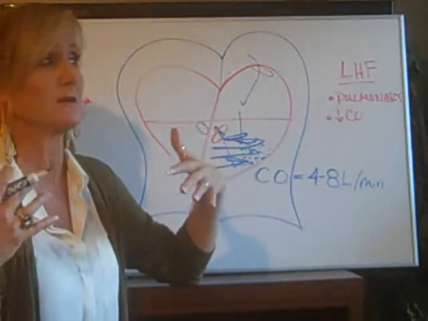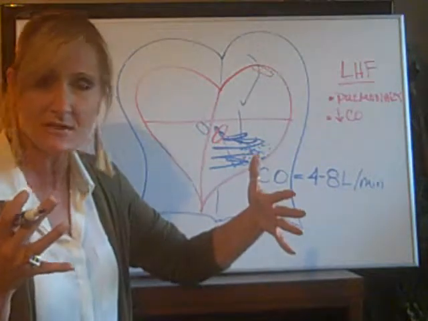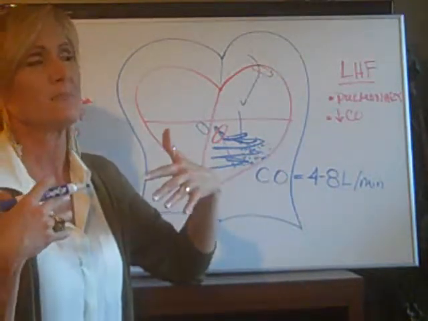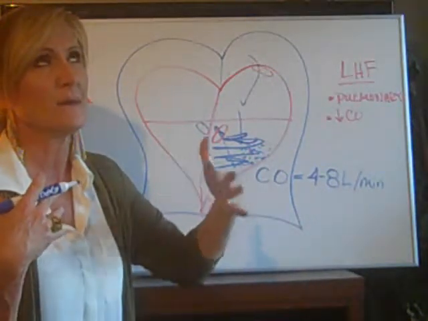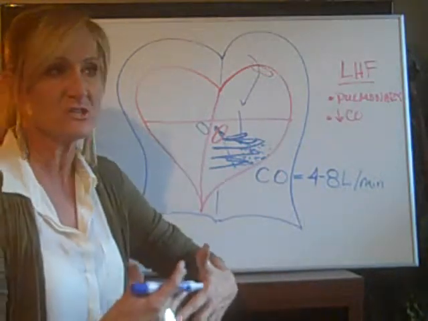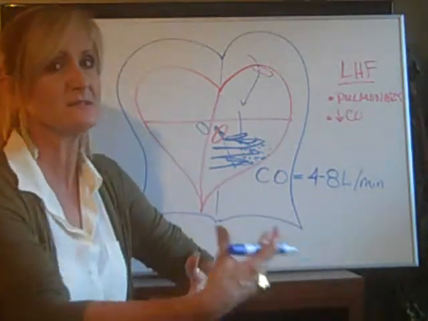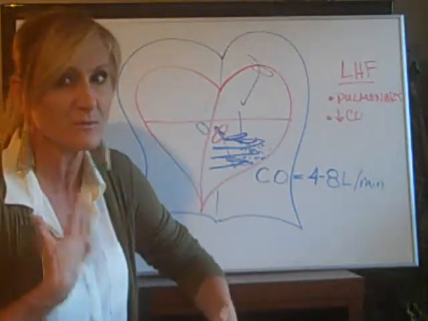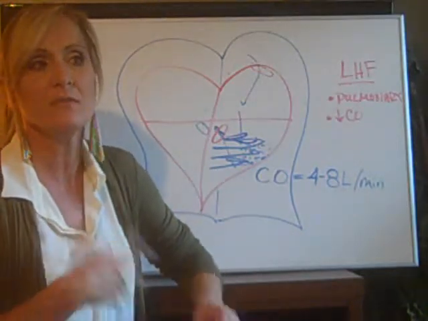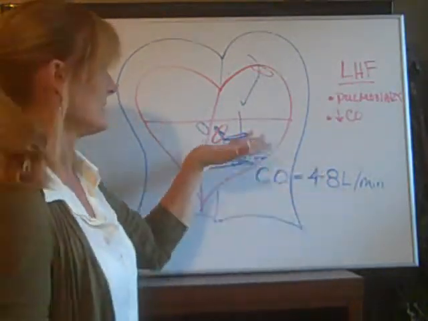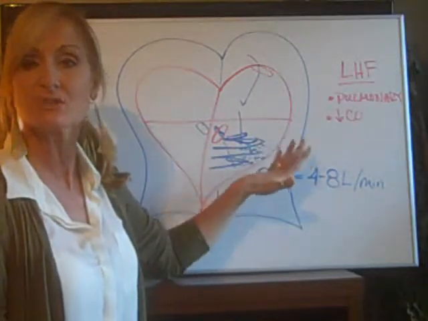Fatigue is common because of lack of oxygen to the organs. Inability to be as active, like a patient who used to be able to walk up a flight of stairs, now they have to stop halfway up and catch their breath because of anemia and lack of oxygen and a reduced cardiac output.